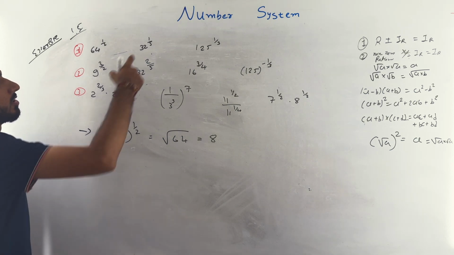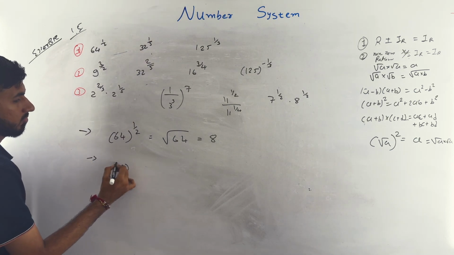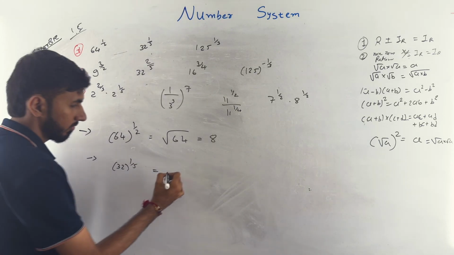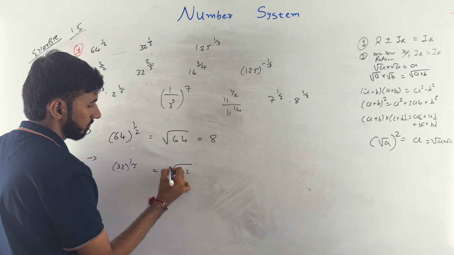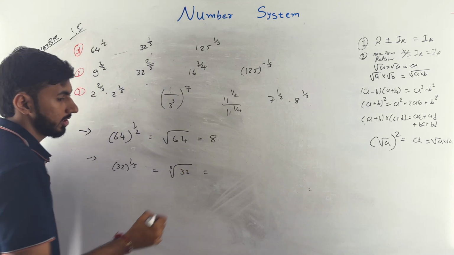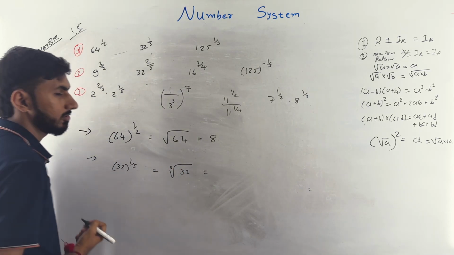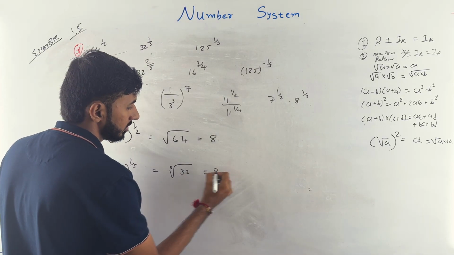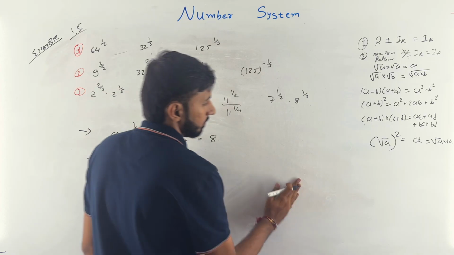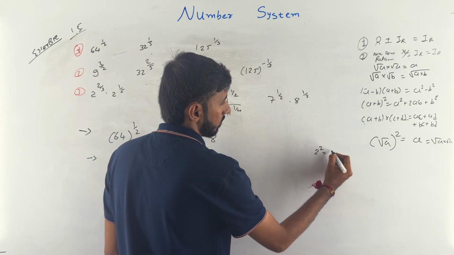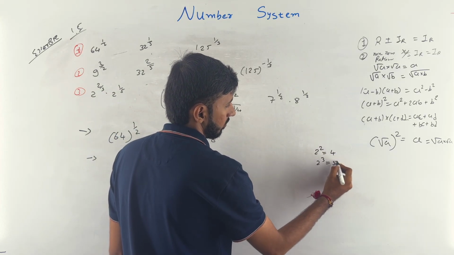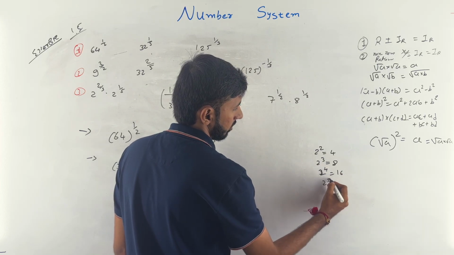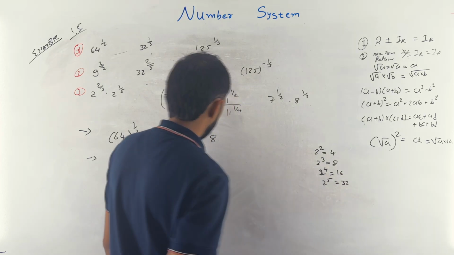Now for the second, 32 power 1 by 5. What will be the answer of 32 power 1 by 5? It is simply the fifth root of 32, and that is the number that, if we multiply it 5 times, my answer will be 32, and the number is 2. We all know that 2 power 2 equals 4, 2 power 3 equals 8, 2 power 4 equals 16, 2 power 5 equals 32, right?